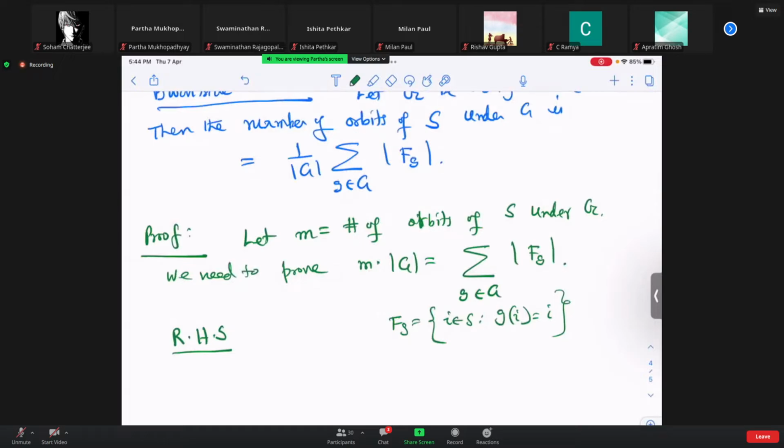So the right hand side is exactly the same as the number of, if you think for a moment, the number of tuples (g, i) such that i is in F_g. If you open up and add, every F_g counts one unit for one such tuple (g, i). So definitely the right hand side is accounting for all such tuples (g, i) such that i belongs to F_g.